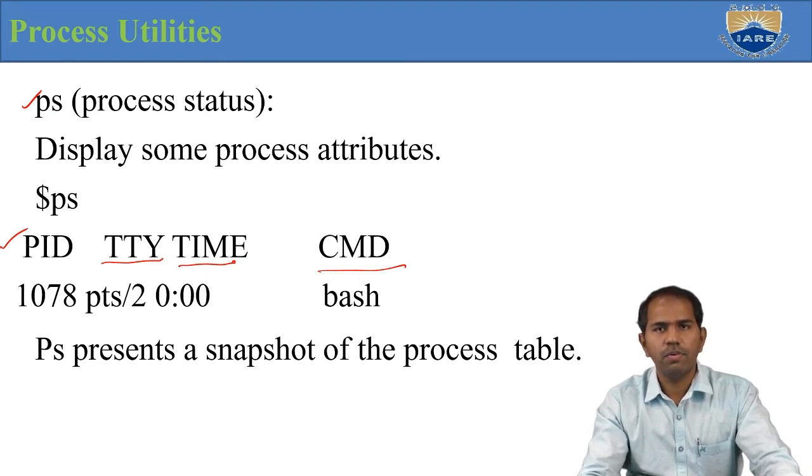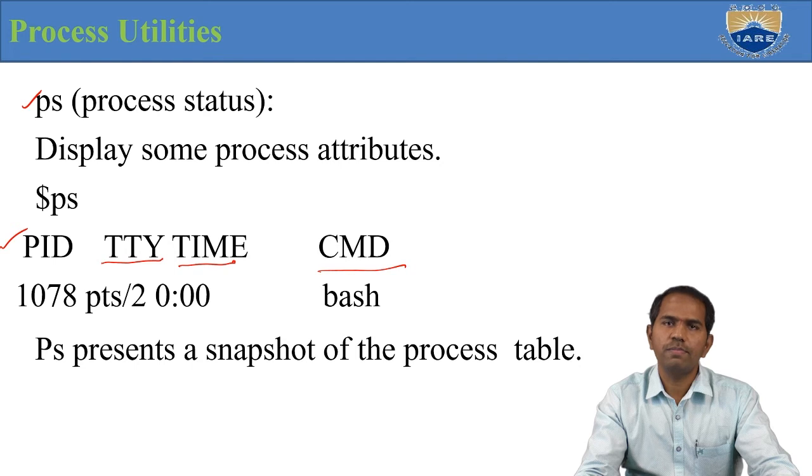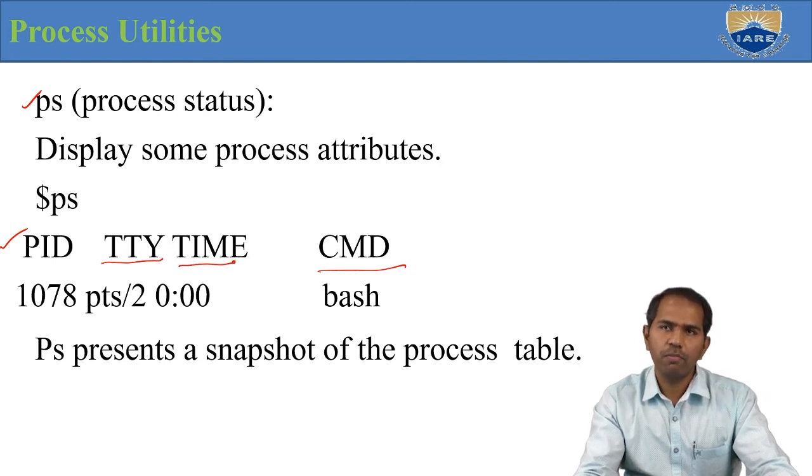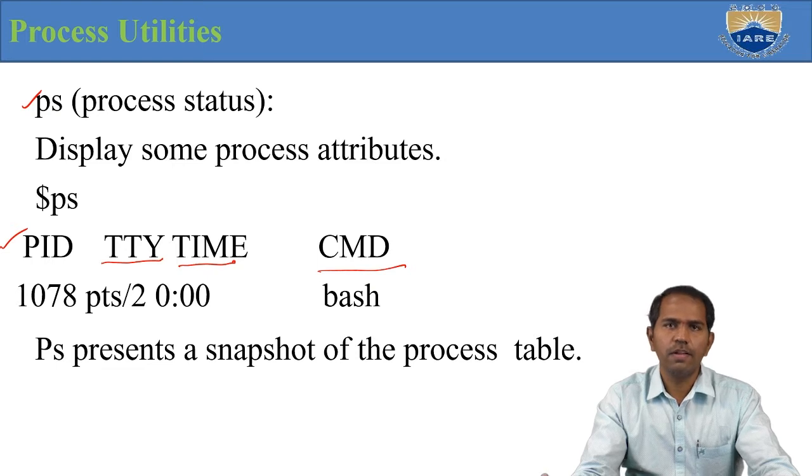In our example, 1078 is the process ID, and the TTY, teletype, is pts/2. Time displays the time, and then the command, like shell, csh, bash, which are different shells in Linux systems.